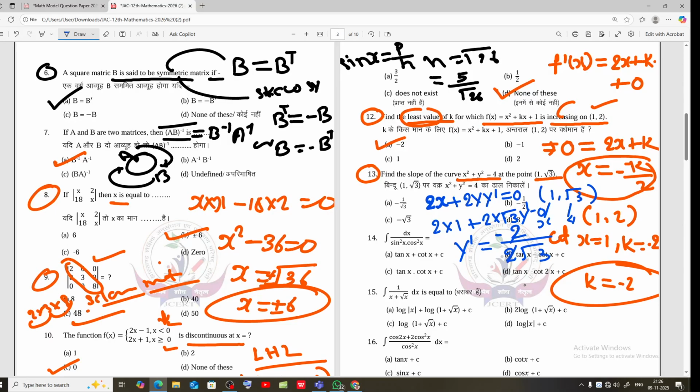The 2s cancel out, so y dash is 1 by root 3. Your option 1 by root 3 is correct, option number 1 is the correct answer.